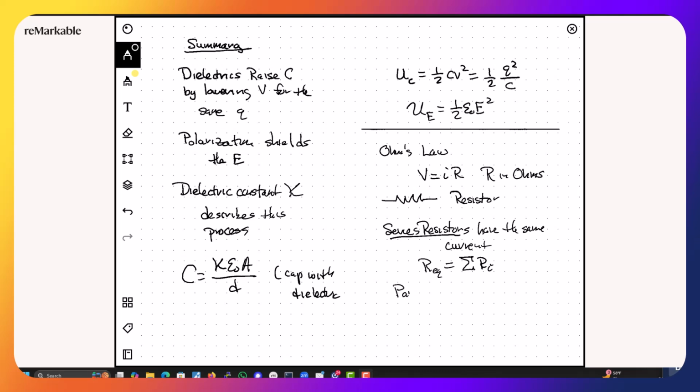Parallel resistors have the same voltage, and they add as reciprocals.